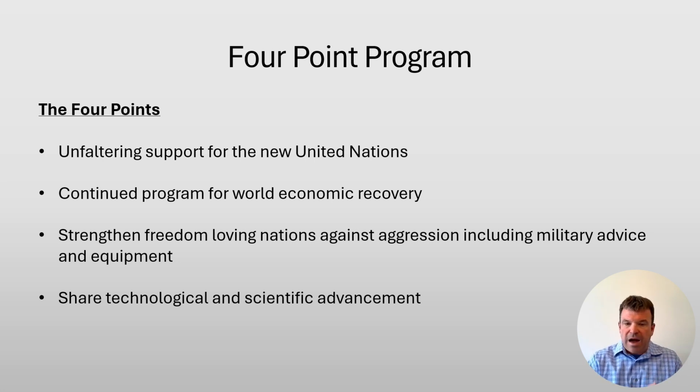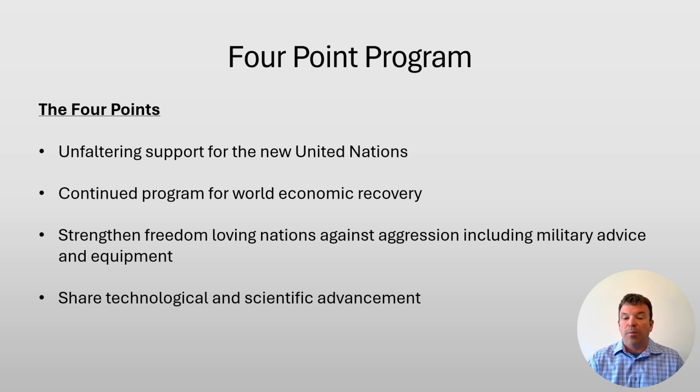The Far East was kind of secondary, and that's another discussion, but largely because it was viewed by Roosevelt and Truman that the Chinese Nationalist Party might take on a larger mentorship role in the Far East. So at the time, the Far East was secondary to the issues in Europe. Third, they're going to strengthen freedom-loving nations against aggression, which includes military advice and equipment.